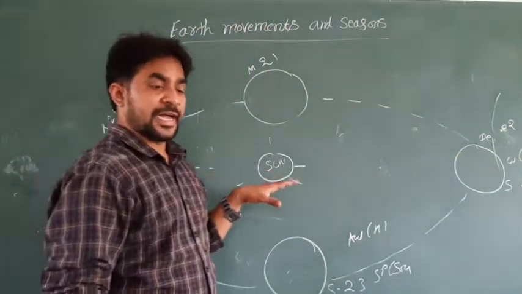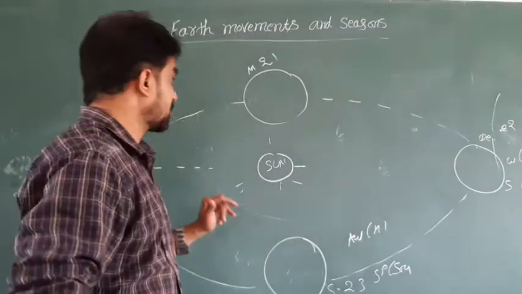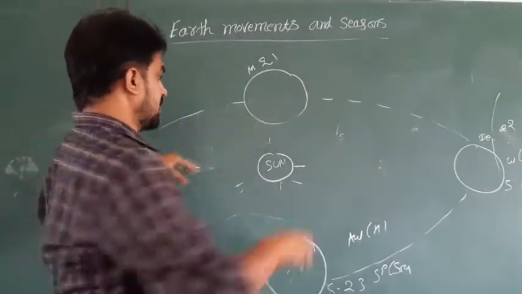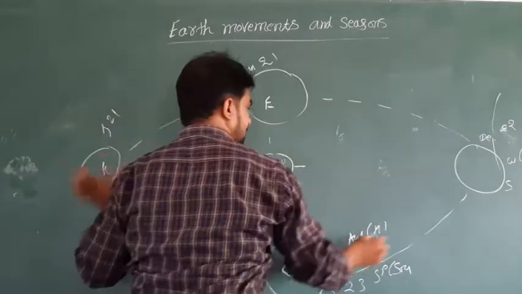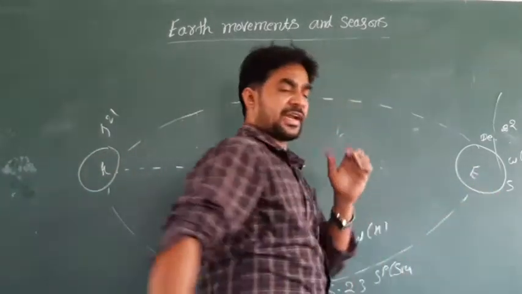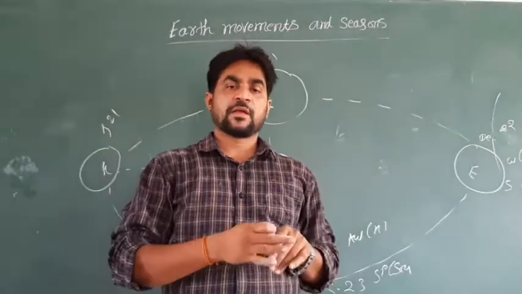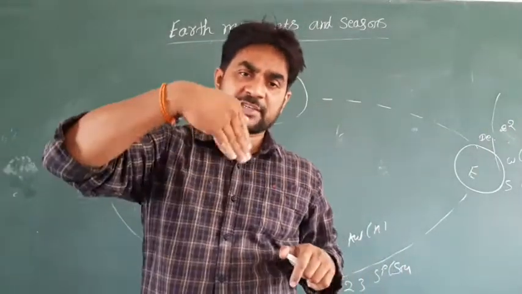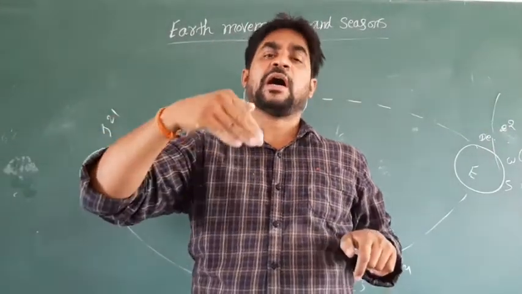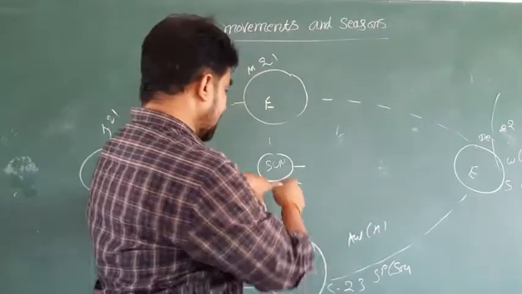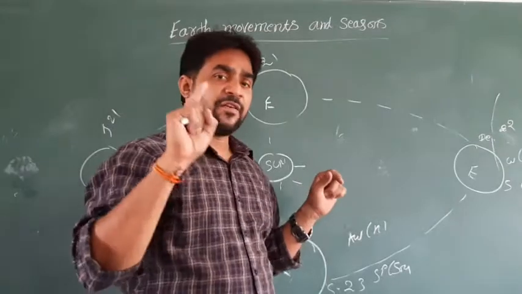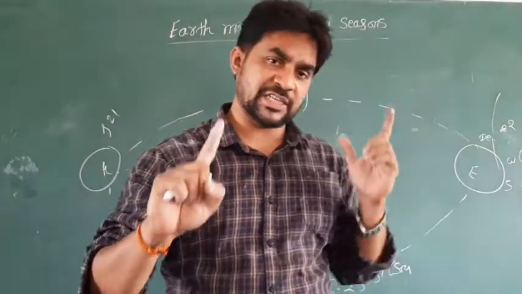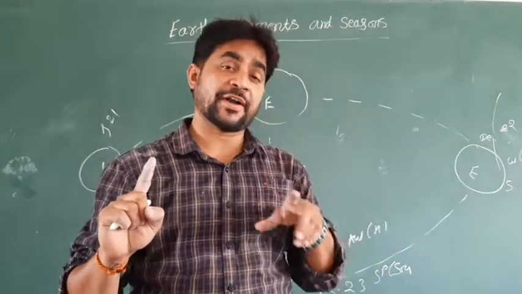This is called earth seasons. This is one shape of earth. We don't have four earths, only one earth. Earth rotates on its own axis and also it revolves around the sun. Completing one rotation takes 24 hours.